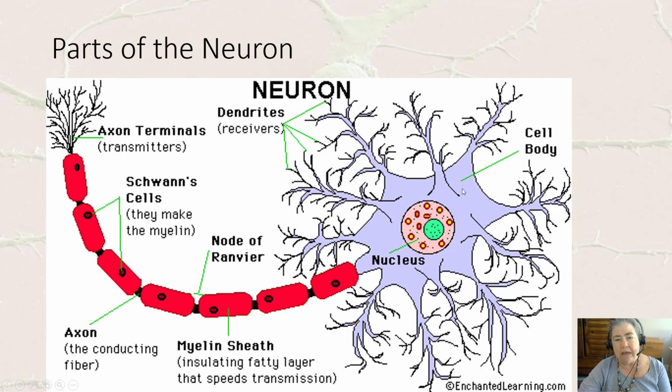And then actually neurotransmitters that are created in the soma end up getting transmitted along the axon to the axon terminals.